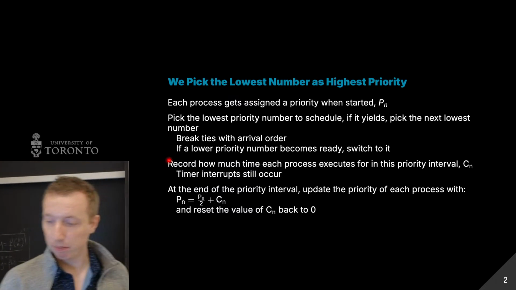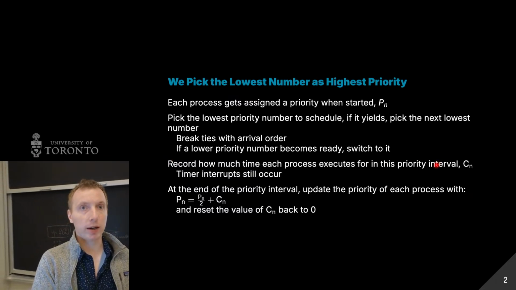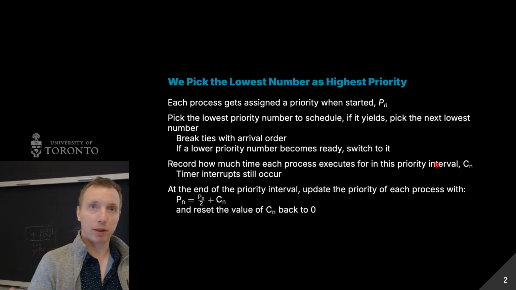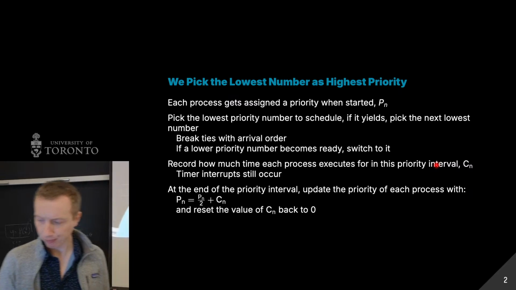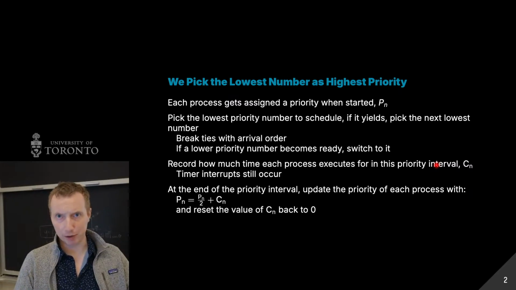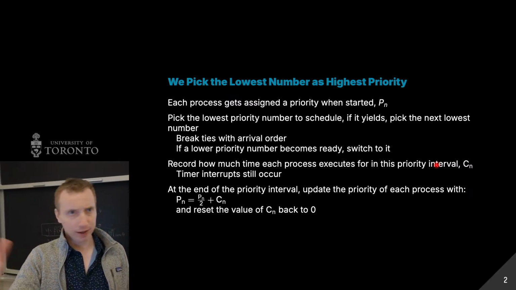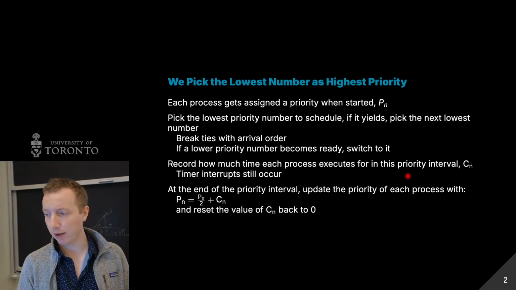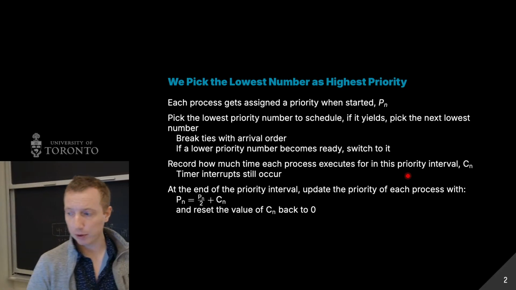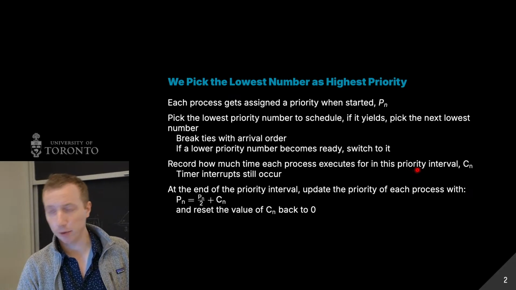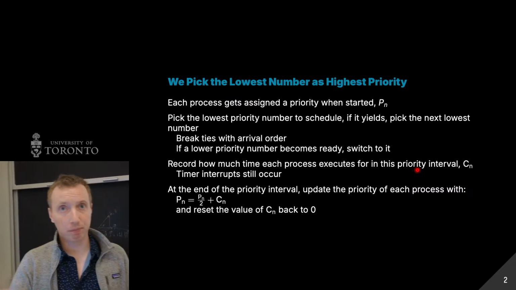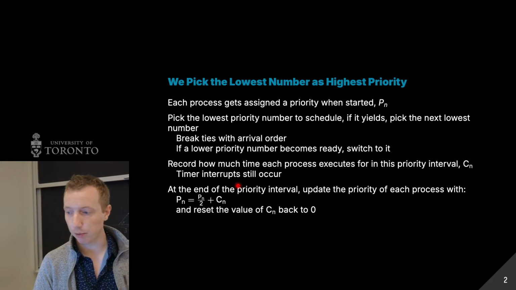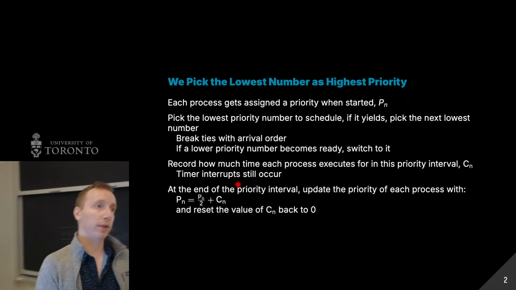Here, we would recalculate the priorities every 10 seconds, but the maximum time our process could run, we might do round robin with that. So it's possible that the priority interval is different from the time slice the process gets, but we'll just assume they're exactly the same right now. Timer interrupts still occur, so we keep control over the processes and can preempt them.